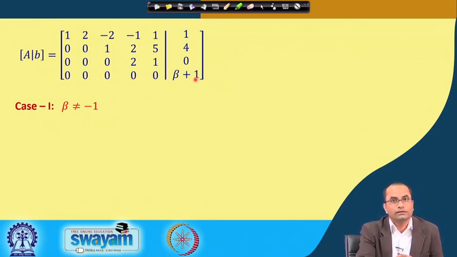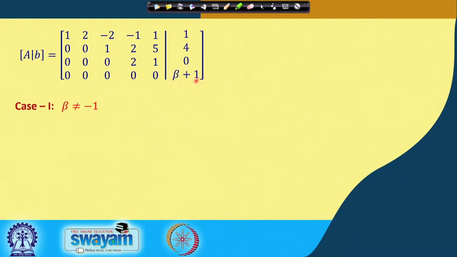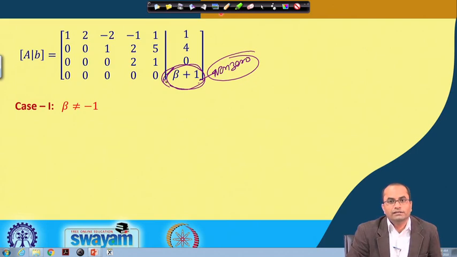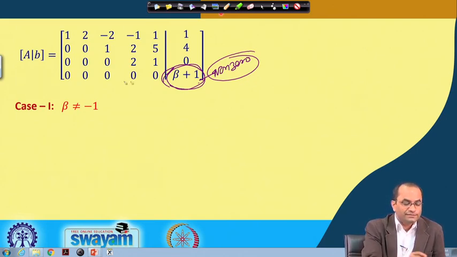If we take this case when beta is not equal to 1, that means something non-zero is sitting at this place here. And if something non-zero is sitting here, that means the last column has a pivot, meaning that we have an inconsistent system, or in other words we have 0 equal to something non-zero.